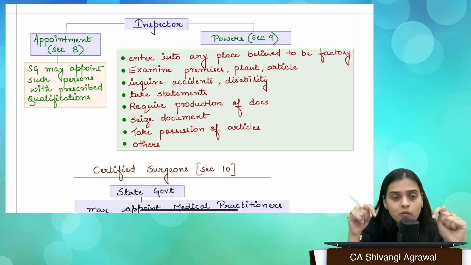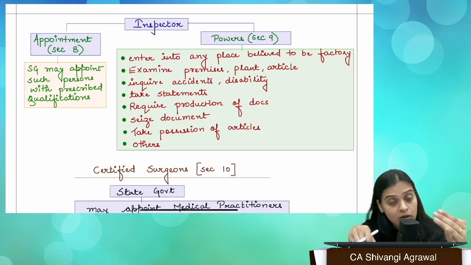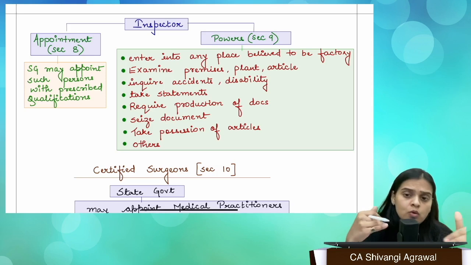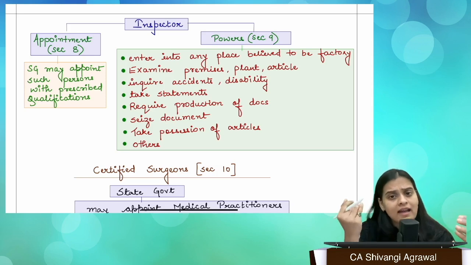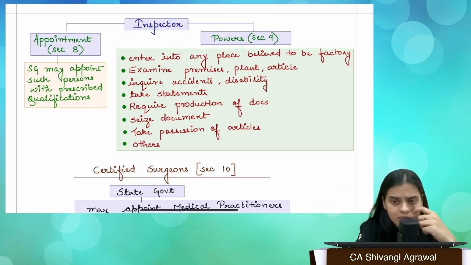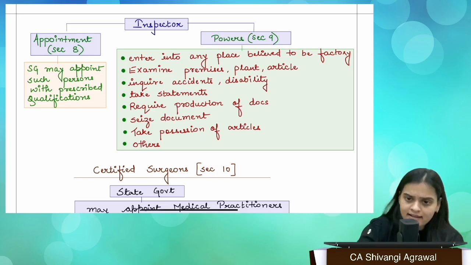This is the local limit within which you have to get to know what factories there are, how many factories there are, and whether they are following the laws or not. If not, go inspect them, and thereafter report, impose penalty and the like.